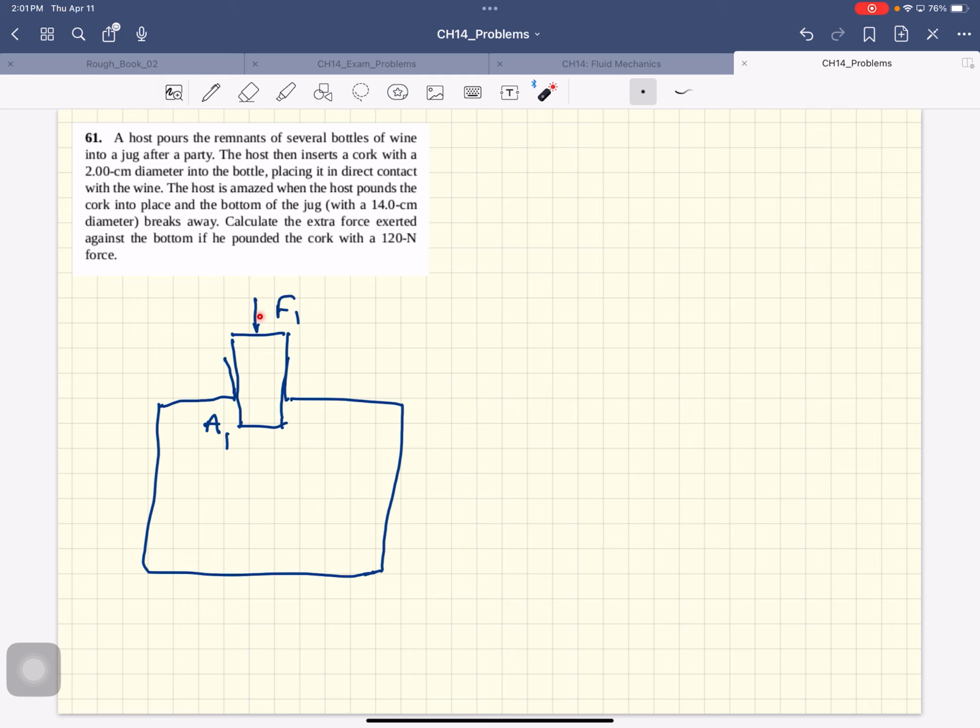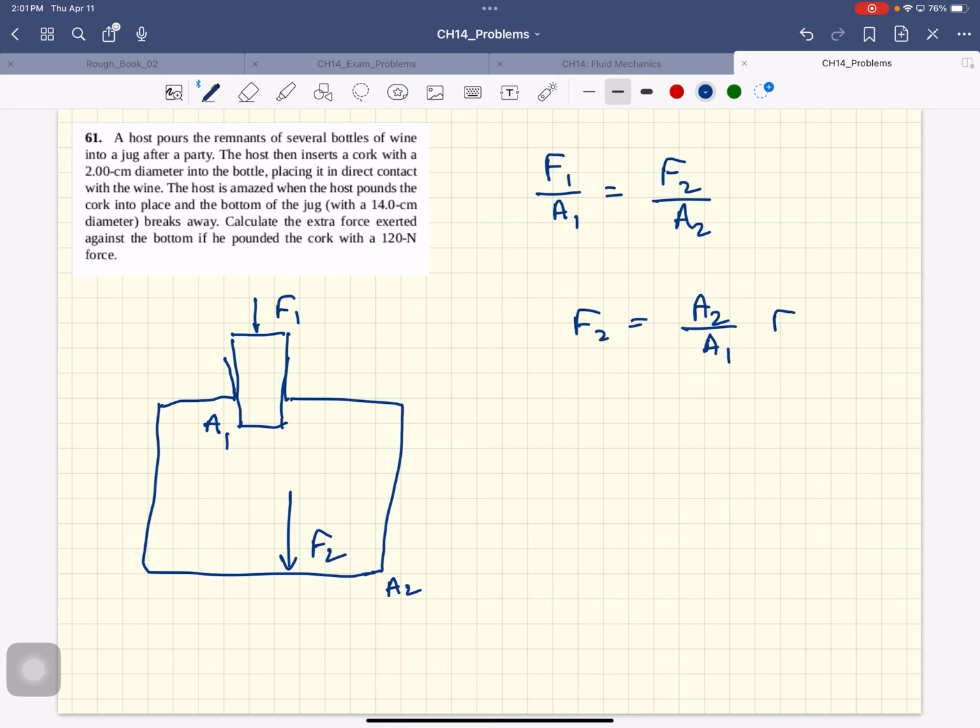So F1 divided by area 1 is equal to F2 divided by area 2. So the force on the bottom of the jug is A2 over A1 times F1. You press down on the cork with this force, and the force you're applying on the bottom is that much.